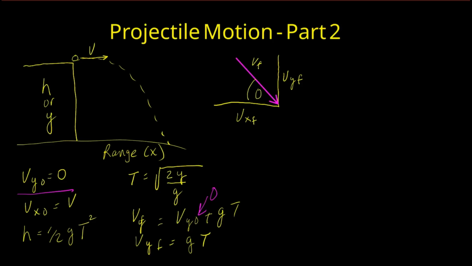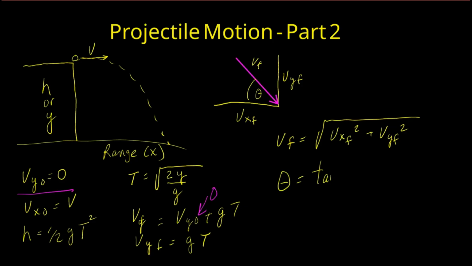This angle will be theta as it approaches the ground. Using the Pythagorean theorem, the final velocity will be equal to the square root of velocity along the x final squared plus velocity along the y final squared, and the angle at which it strikes the ground will be the arctan of the velocity y final divided by the velocity x final.